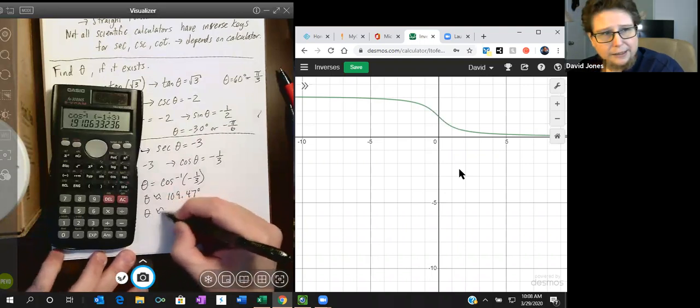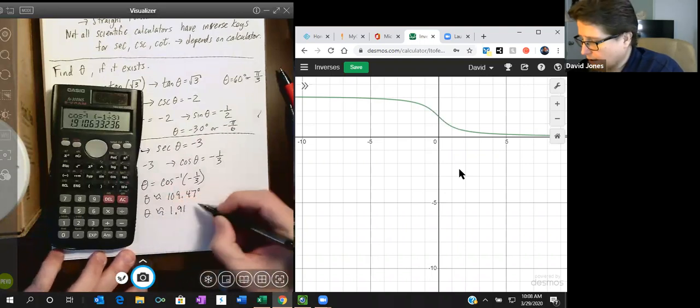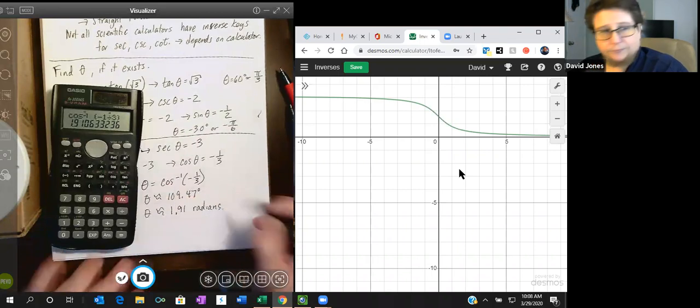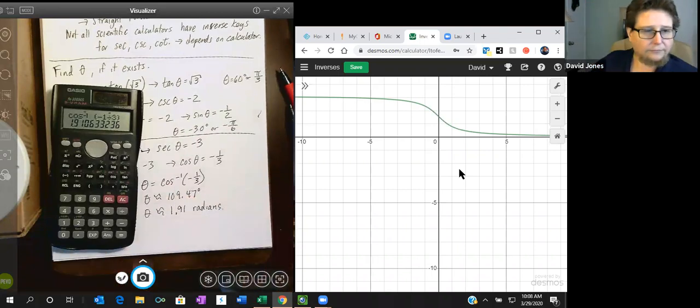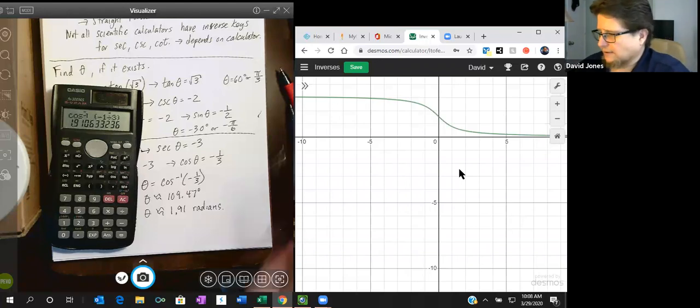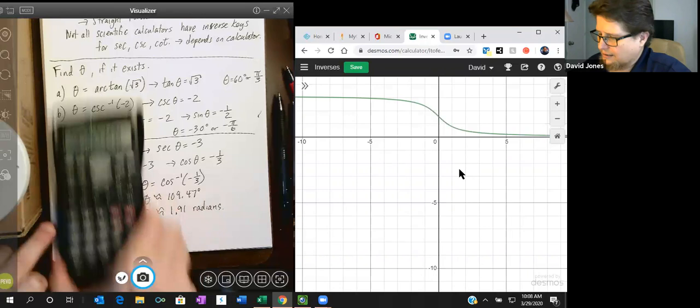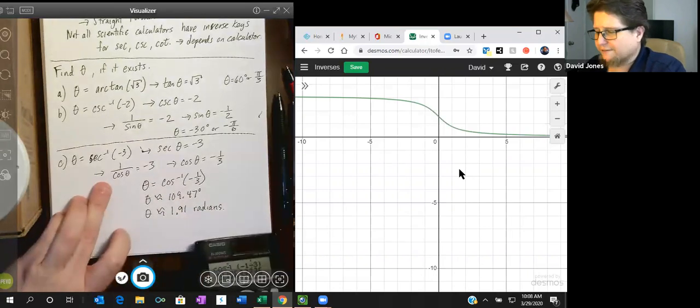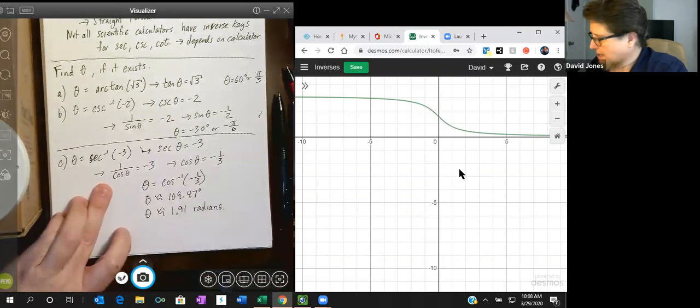Theta is approximately 1.91 radians. So that's how we will do the secant inverse and cosecant inverse.